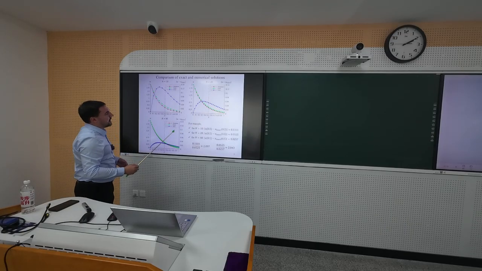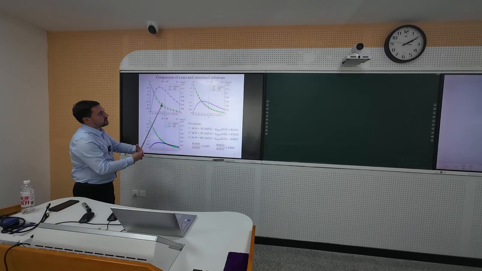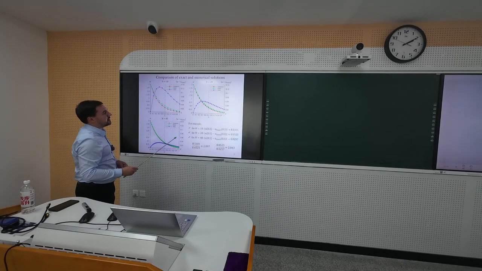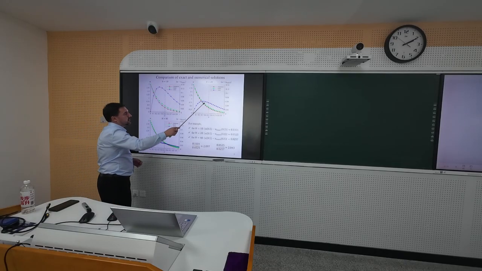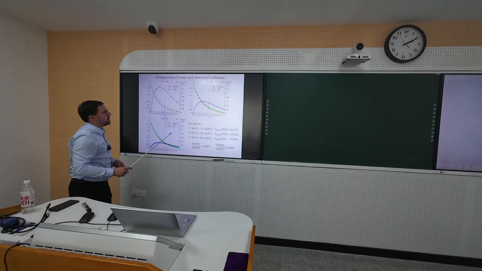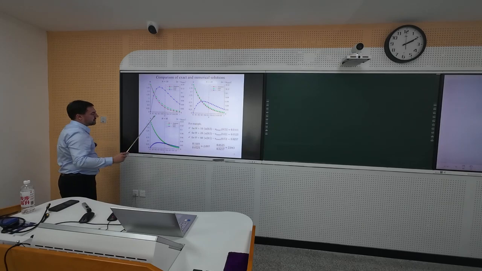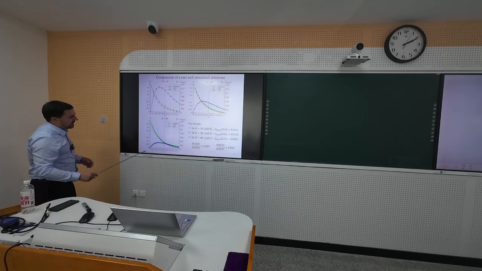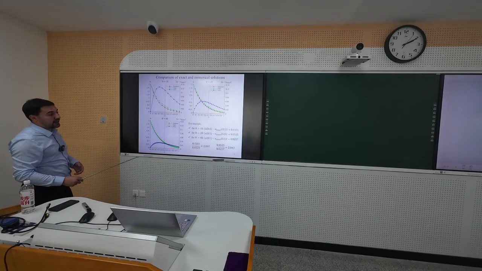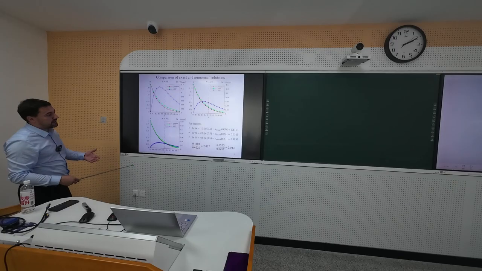The red curve is closer to the analytical one. And again, this blue line is the numerical error. I keep the scale from minimal to maximal the same for all plots. For n equals 40, the result becomes better and better, and it's possible to estimate this qualitatively.